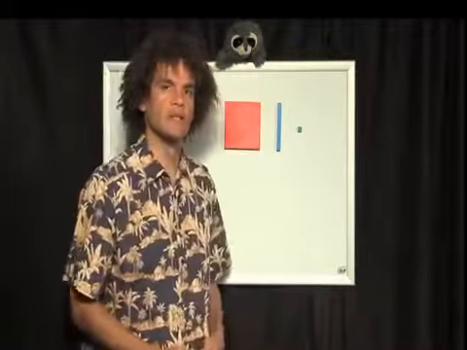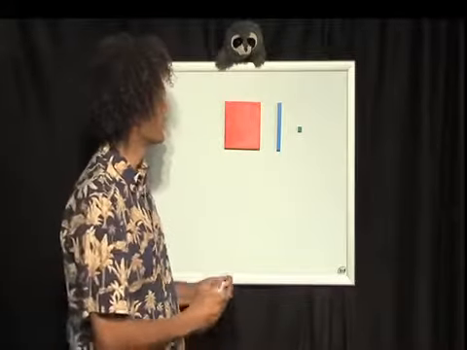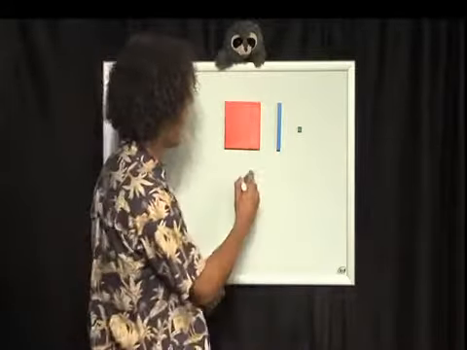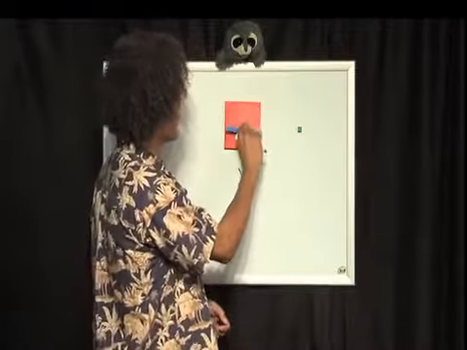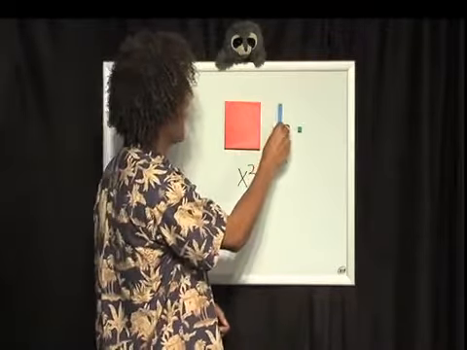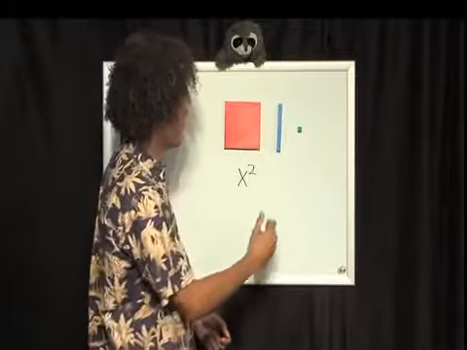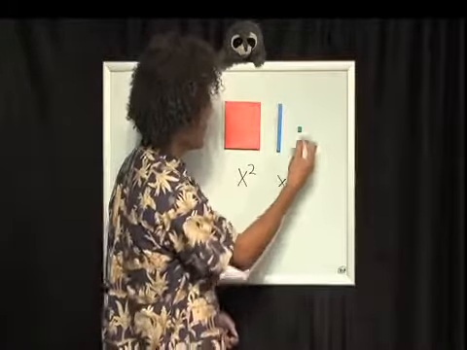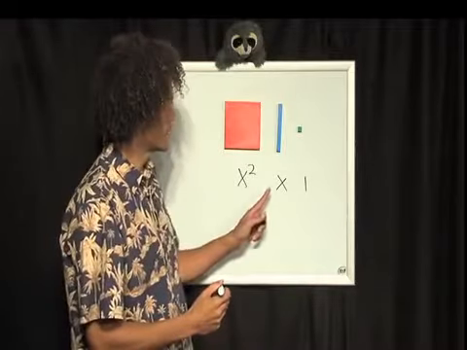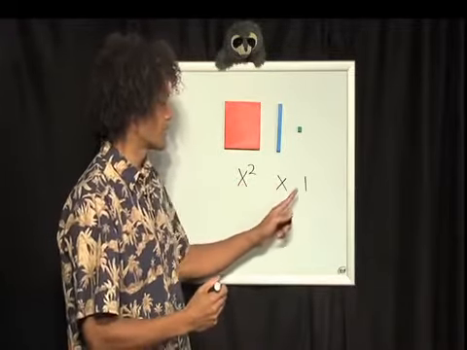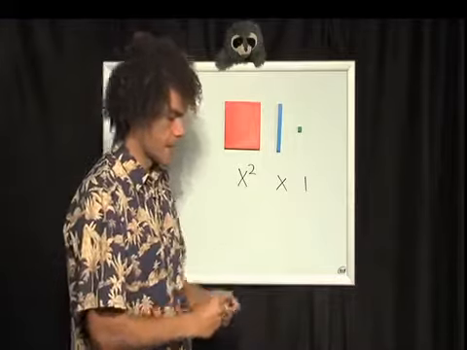And what shape is that? A square. So we're going to call this one x squared. And we write x squared like this. It's x two ways. It's x this way, and it's x this way. It's x by x. Here I have x, and here I just have a unit. So what I have here is 1x squared plus 1x plus 1. What if I did this?